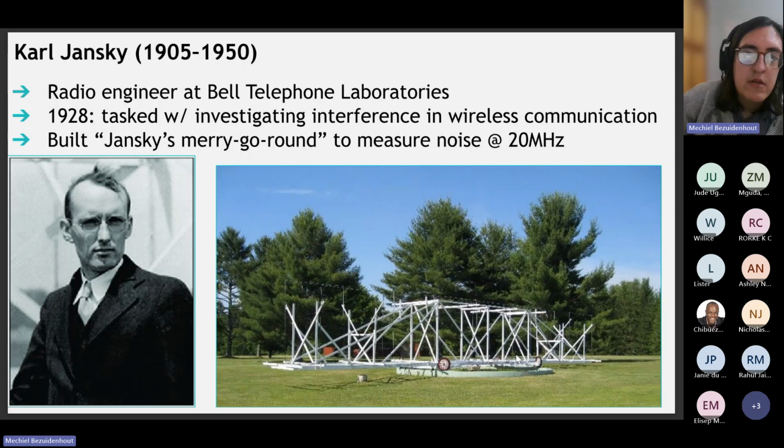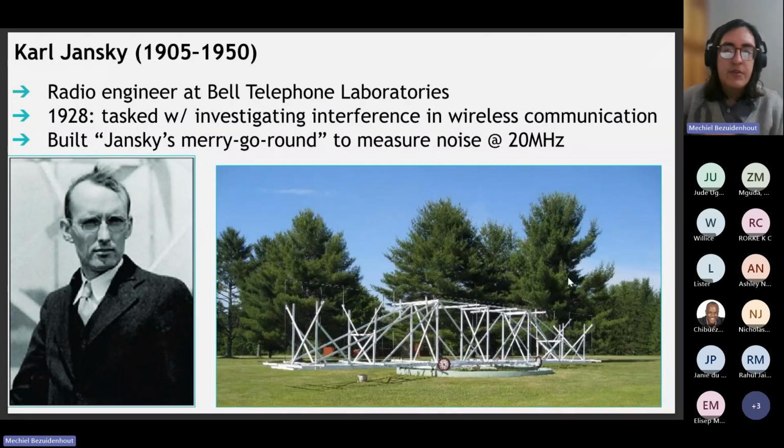So he built on the laboratory grounds what's called Jansky's merry-go-round, which is this setup of a range of radio antennas set up on a rotating disc. You can see a replica of it here at the bottom.